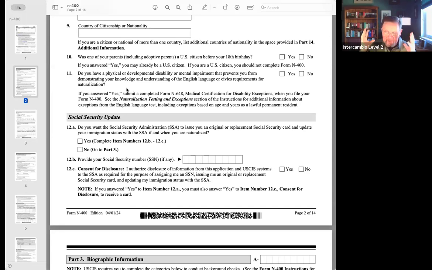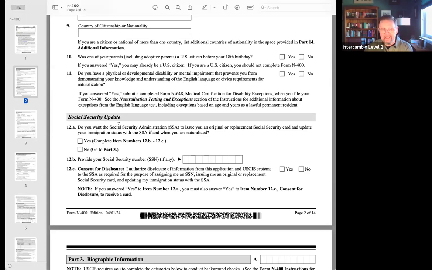That might be a mental issue or whatever, but this would be a physical or developmental disability that might impair that. And if you have to answer yes, then you have to include a new form that has a doctor's signature. If you have a question about number 11, please send me a text and we can go over that.